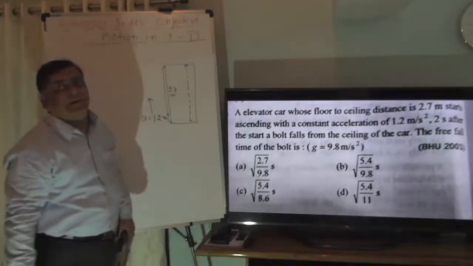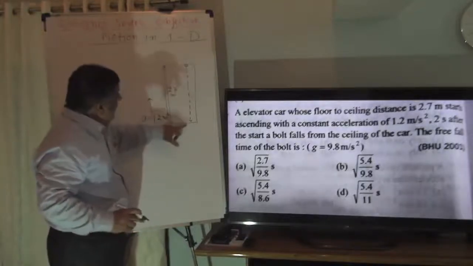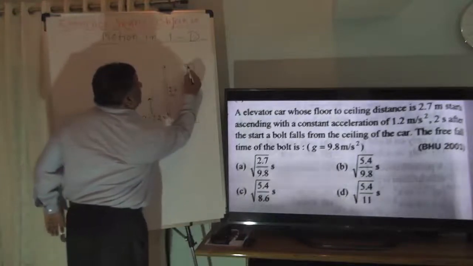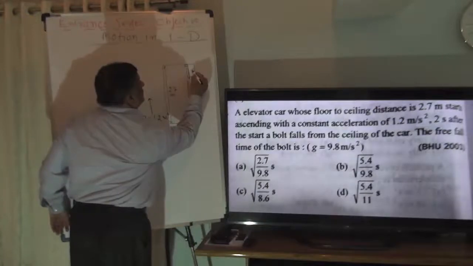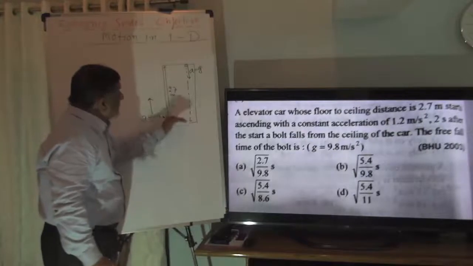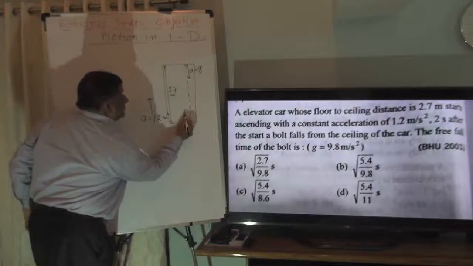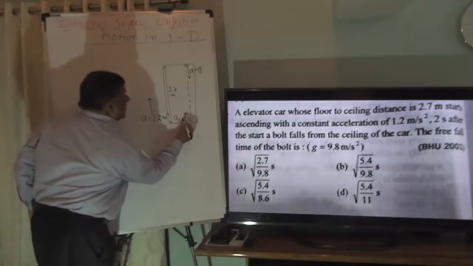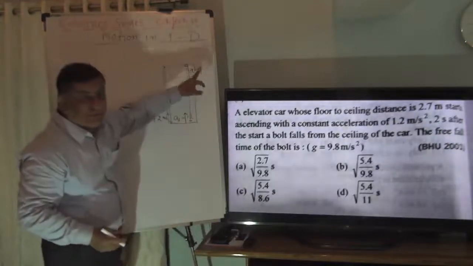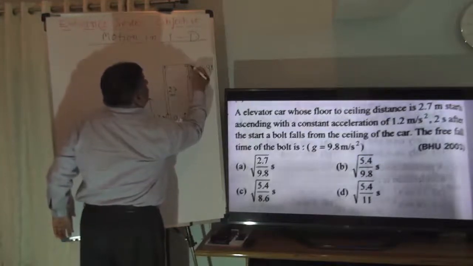Why should it come down? The answer is the distance between the bolt and the floor goes on decreasing because the acceleration due to gravity pulls it downward. Plus this floor is going up with a certain acceleration 1.2. The acceleration of the floor is 1.2 in the upward direction and the acceleration due to gravity is 9.8 in the downward direction.